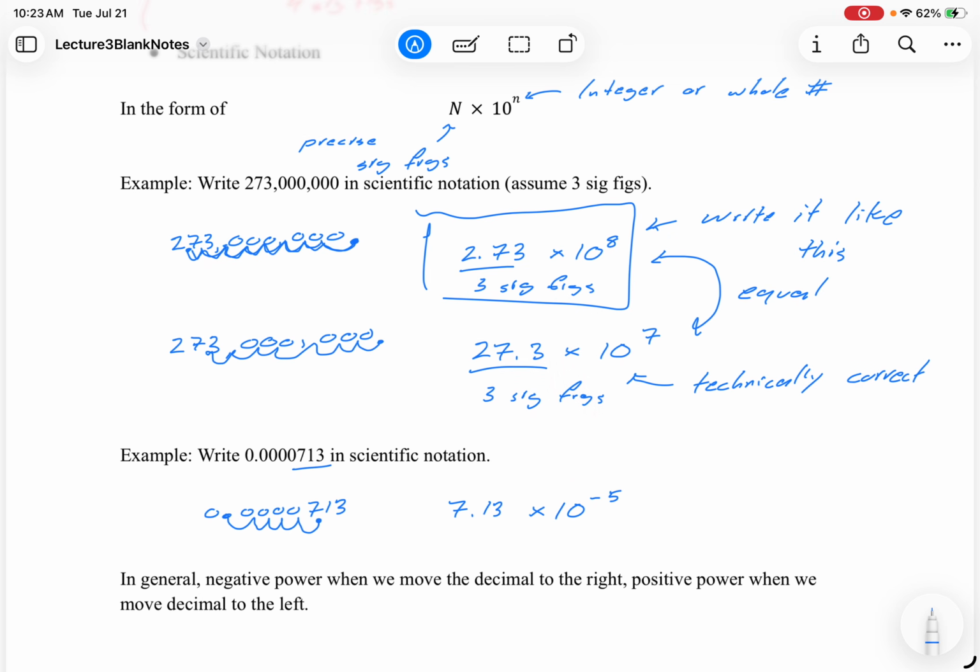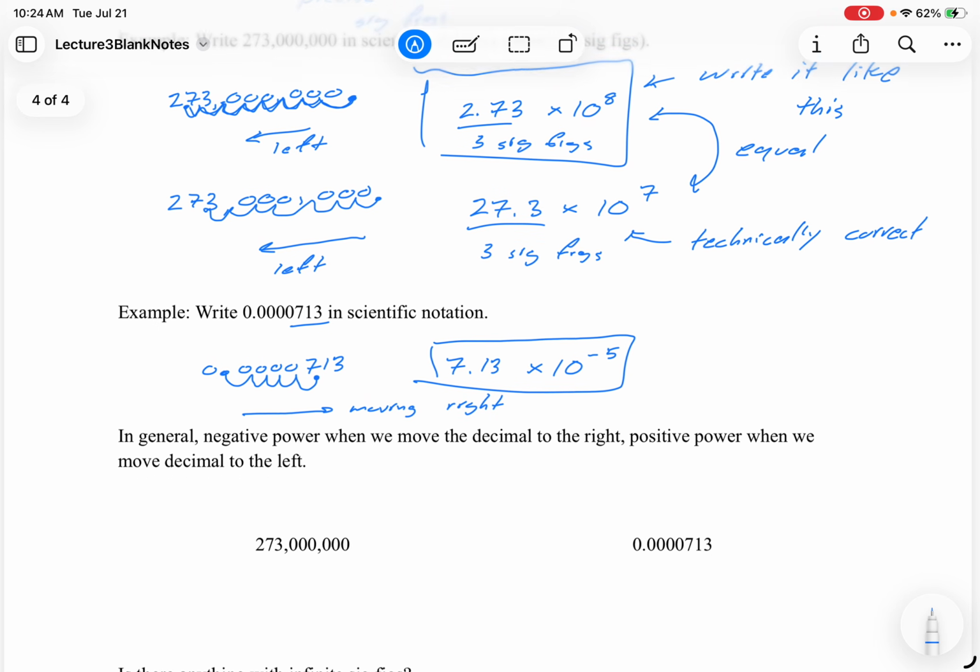Because this time we're moving to the right. In our previous example, we moved left. Same here, left. So our answer is going to be 7.13 times 10 to the negative 5.